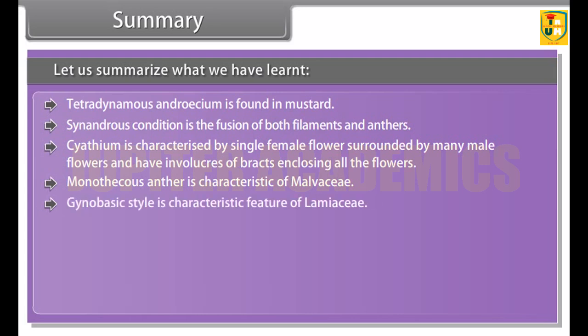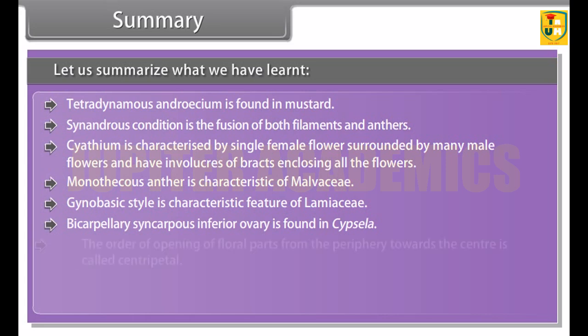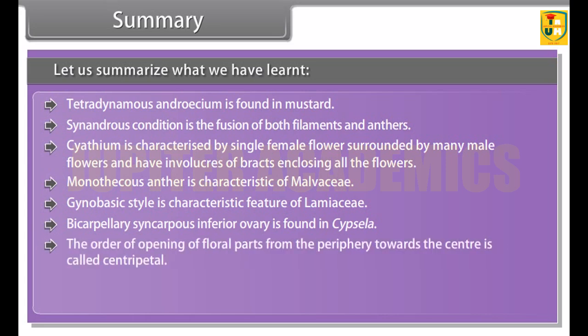Gynobasic style is characteristic feature of Lamiaceae. Bicarpellary syncarpous inferior ovary is found in cypsela. The order of opening of floral parts from the periphery towards the center is called centripetal. Glumes represent bracts. Smallest flower is Wolffia.